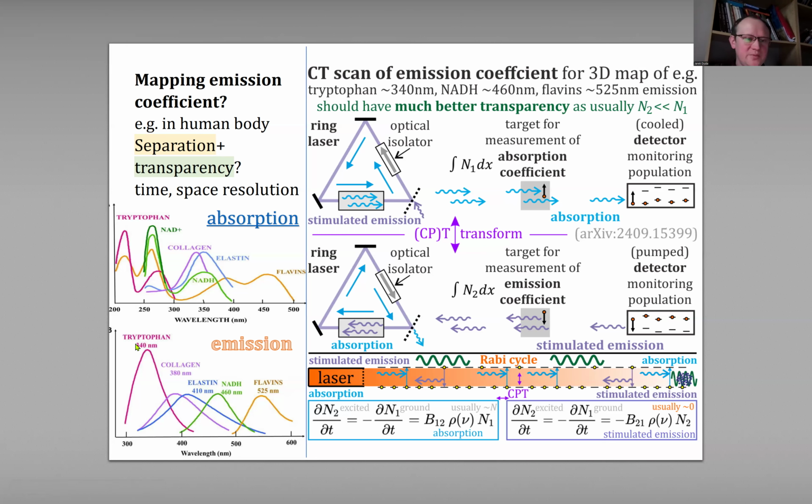For example, here is the absorption coefficient for some molecules, and here are the biomolecules, here is the emission coefficient. For example, NADH is crucial for metabolism. So making this kind of scanning 3D map around 460 nanometers, hopefully we should get more or less an NADH map in the body.